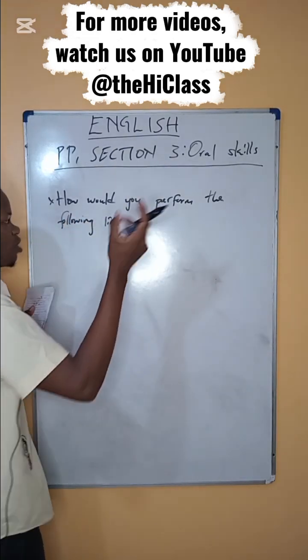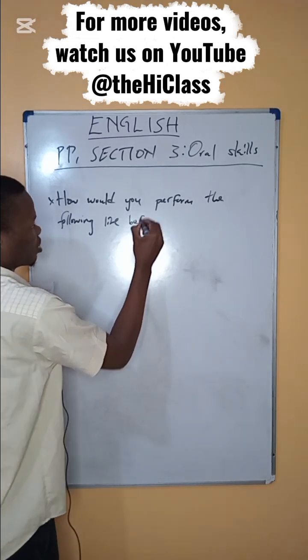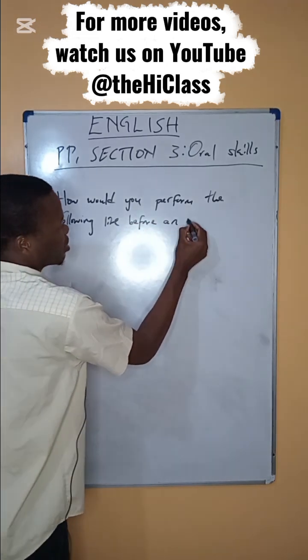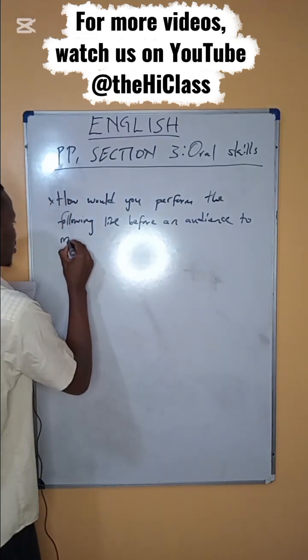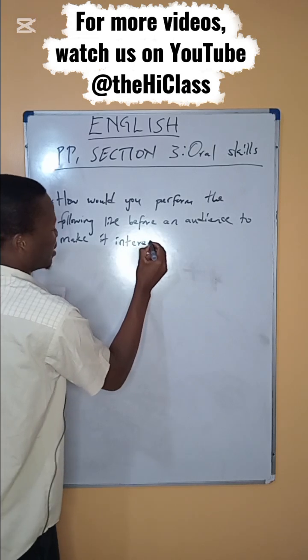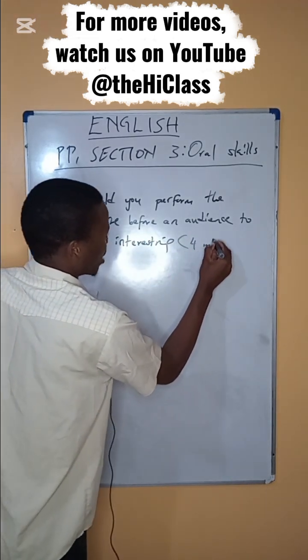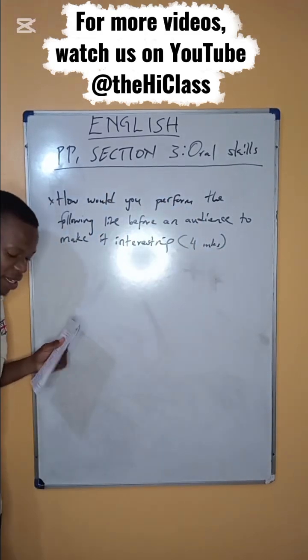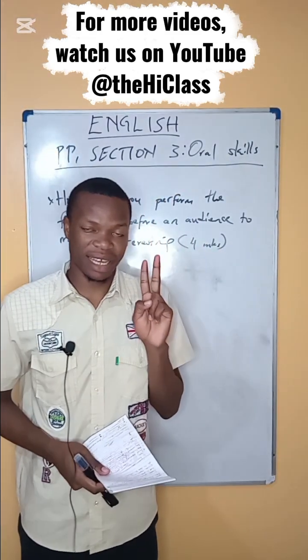It can be any other part that you've been given before an audience to make it interesting. Most of the times, it's usually 4 marks. Now, to answer this question, you must understand 2 key elements.